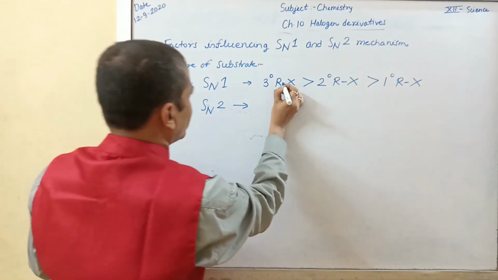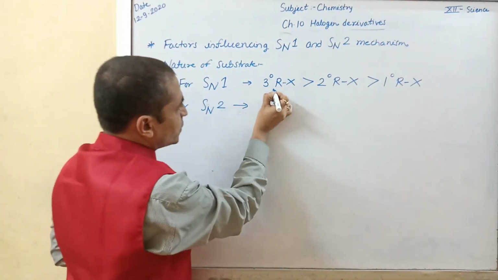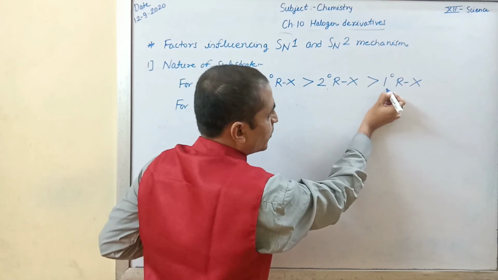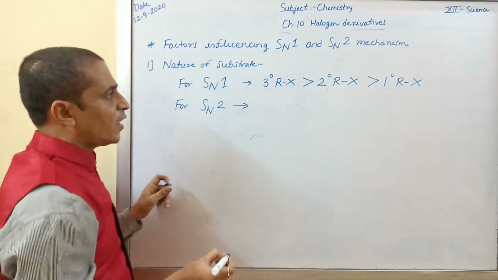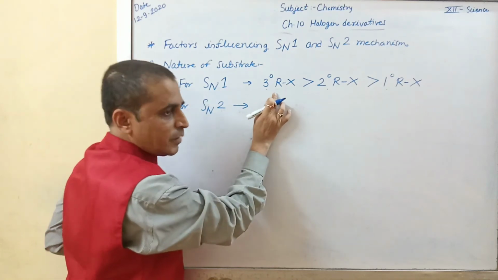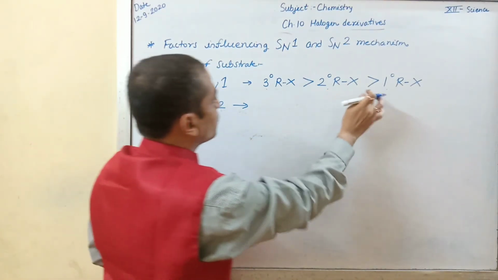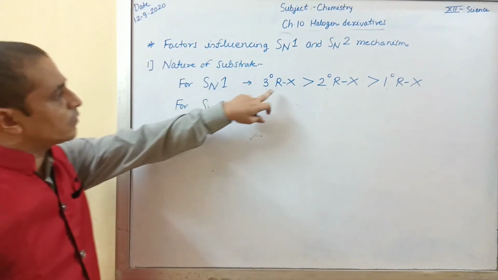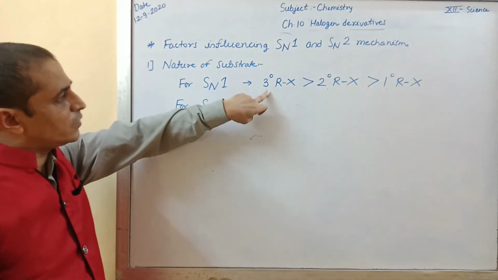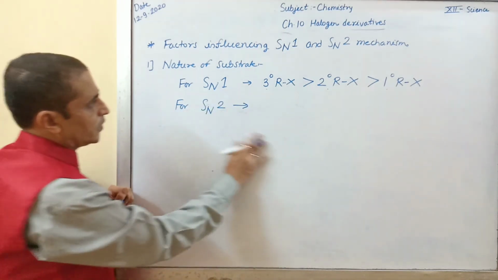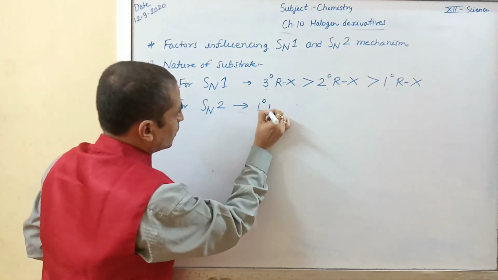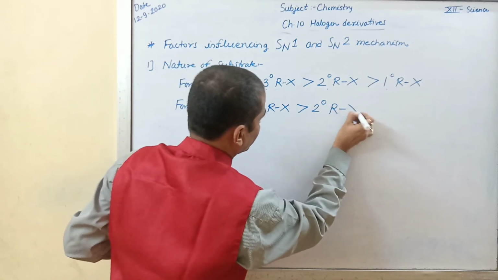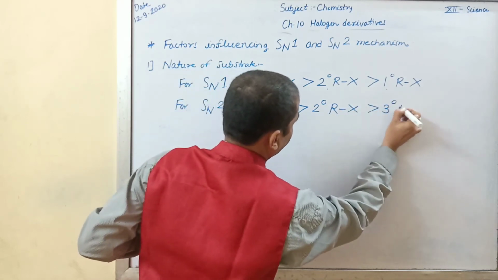See here, I have written this order because in this case tertiary carbocation is formed, in this secondary carbocation is formed, in this primary carbocation is formed, and you know that tertiary carbocation is more stable than secondary carbocation, and secondary carbocation is more stable than primary carbocation. You remember in SN1 tertiary carbocation is formed as an intermediate. Now come to SN2. Here primary alkyl halide, secondary alkyl halide and tertiary alkyl halide.